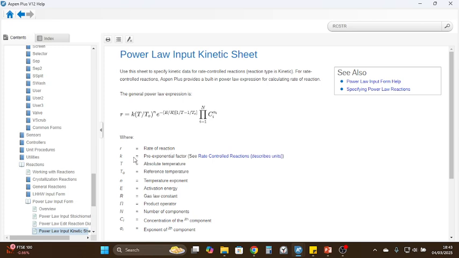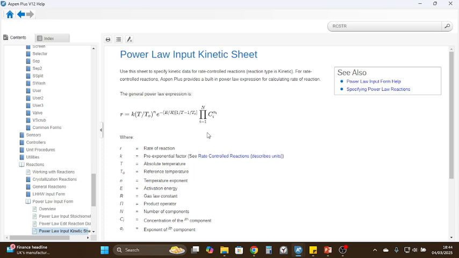R is the rate of the reaction, k is the pre-exponential factor, which in Arrhenius form we usually denote as A naught. Then T is the absolute temperature, that is the temperature at which the reaction is taking place. T naught is the reference temperature. If reference temperature is not specified separately, then it is usually taken as 298 Kelvin. N is the temperature exponent, that is the power n over here.